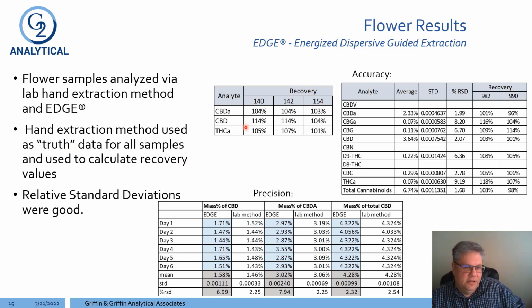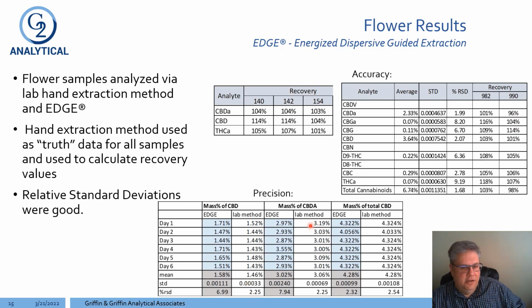All right, so since these look pretty good, we decided we'd take a little bit deeper dive into other minor cannabinoids that we saw. So we brought in the CBDA, CBGA, CBG, CBD, and we looked at the averages and standard deviations of those compounds. And again, the recovery looks very good there as well.